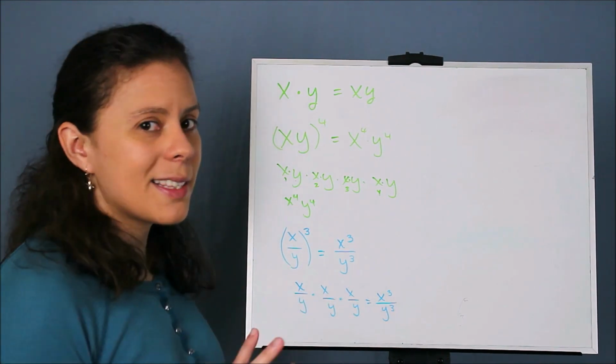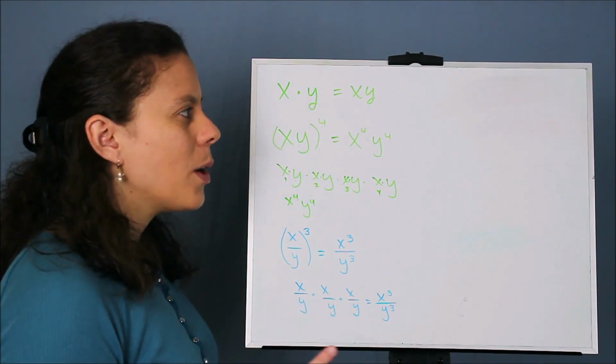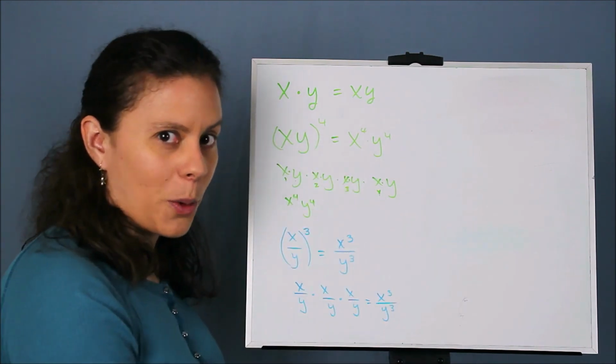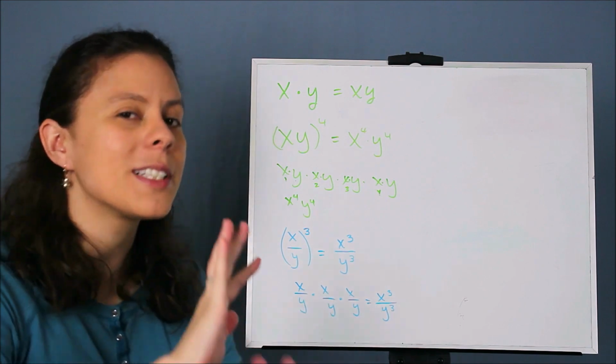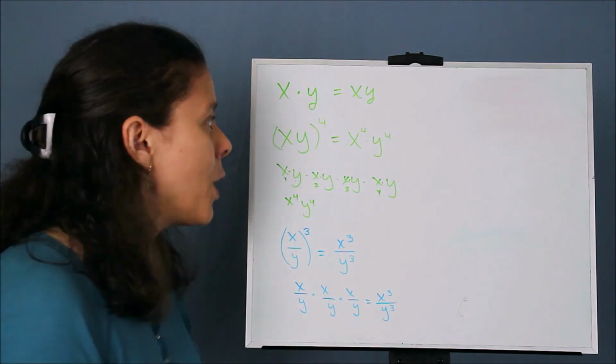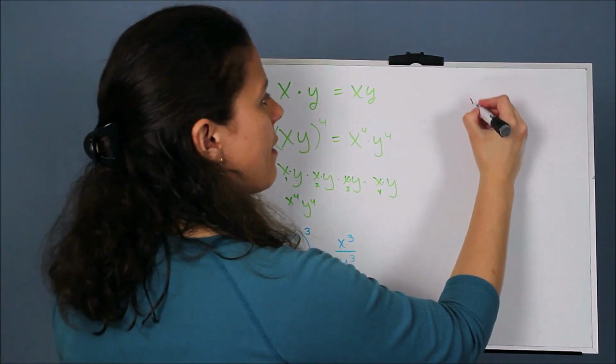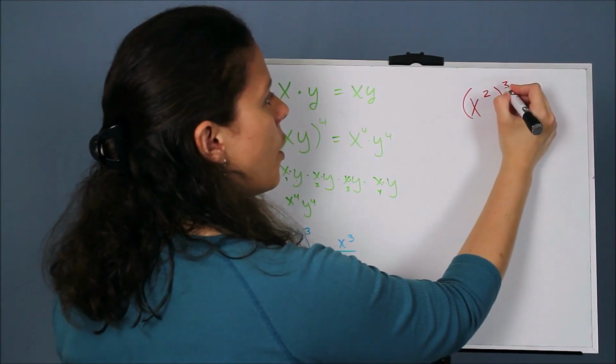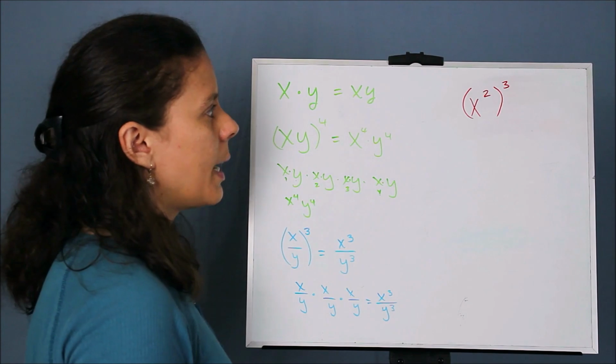All right, so now let's spice things up a little bit. So what will happen if you have an exponent elevated to another exponent? Don't forget, I promise it's the exact same rules, okay? So let's suppose that we have x to the 2nd power elevated to the 3rd power, okay?